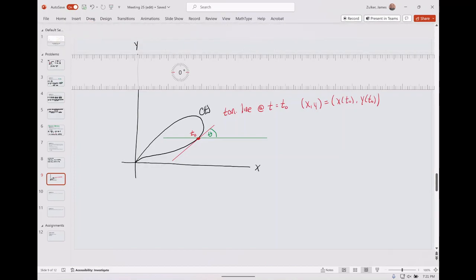I'm going to do right triangle trigonometry. This is the tangent line. The hypotenuse acts as our tangent line.